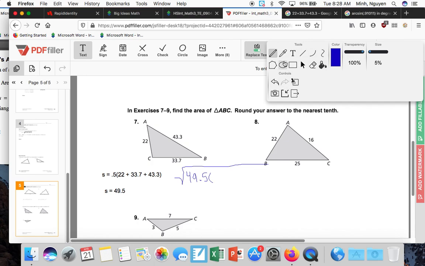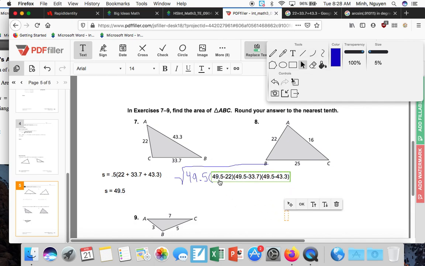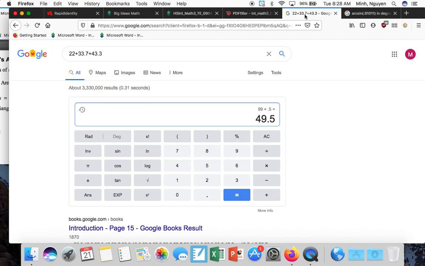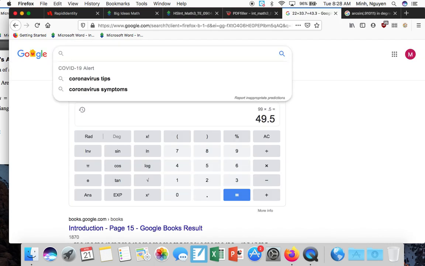I'm actually just going to type this as well. 49.5 minus 22, 49.5 minus 33.7, 49.5 minus 43.3. So it's semi-perimeter, subtract each side, multiplied by each other, multiplied by the semi-perimeter, and then take a square root.